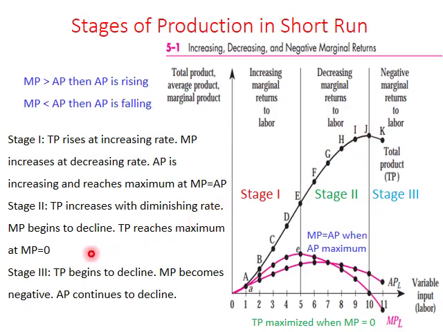And in stage 3, total product begins to decline because marginal product starts to become negative. Average product also continues to decline because the total product starts to decline. Here, there are negative marginal returns.